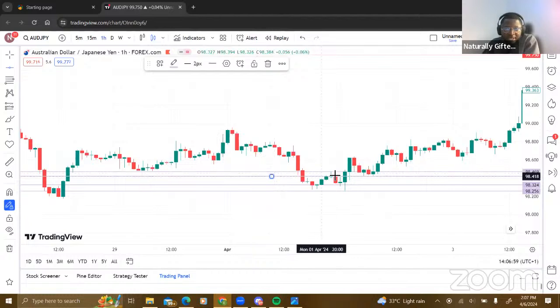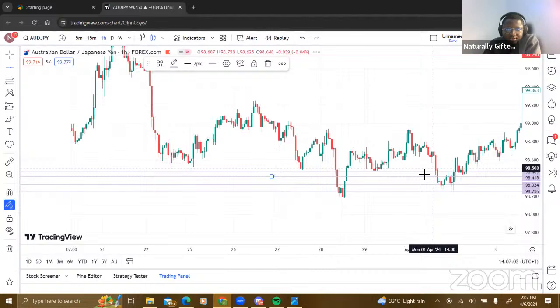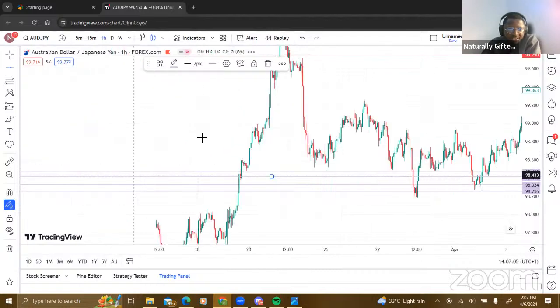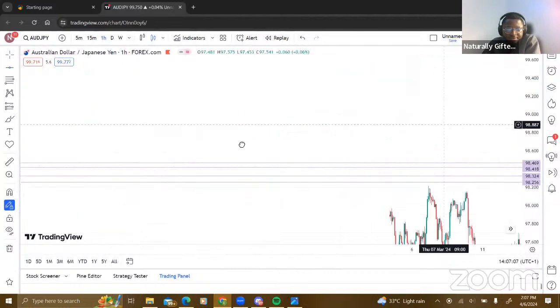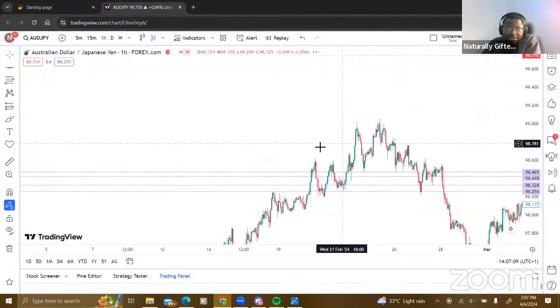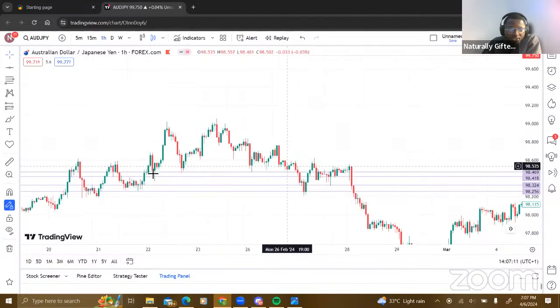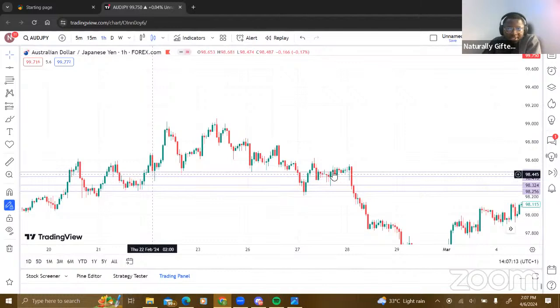Go back in time. This resistance, was it not a support here? That same resistance, was it not a resistance here? Go back in time. Look at this. That resistance, was it not a support here? Was it not a resistance here? Now look at the support we marked. Was that support not a support here?